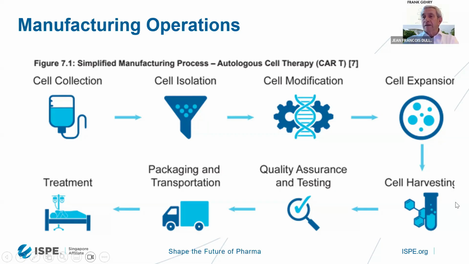Then we are taking the cells, harvesting them. We are doing quality assurance and testing based on all the results, doing the monitoring of these operations. Then we have packaging and transportation. We need to be sure that everything is under control. And with that, we can go to the treatment place.